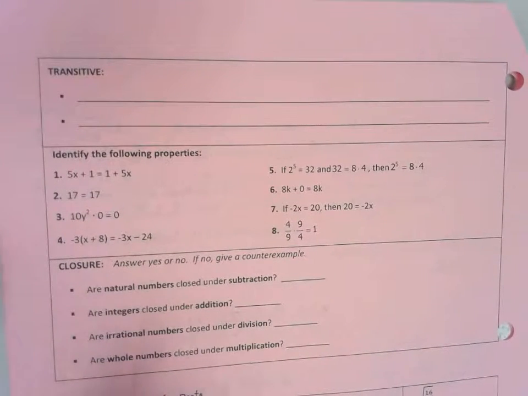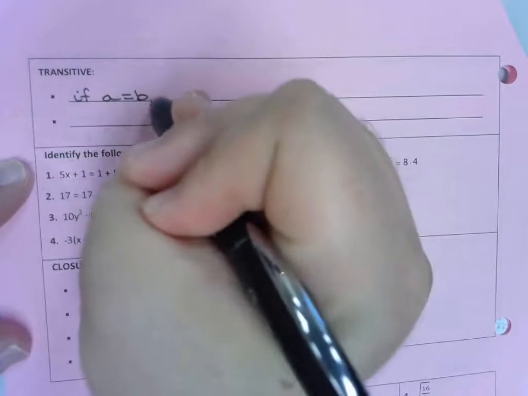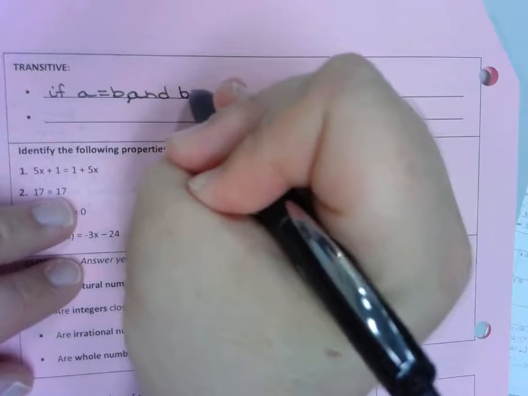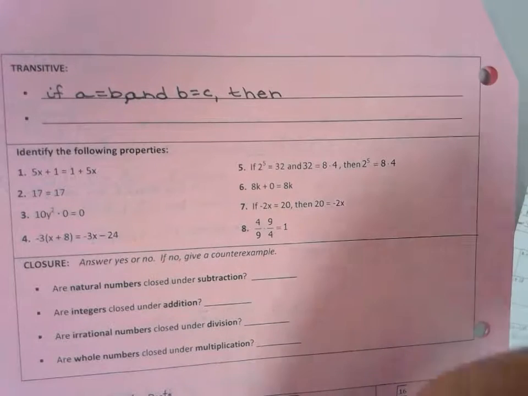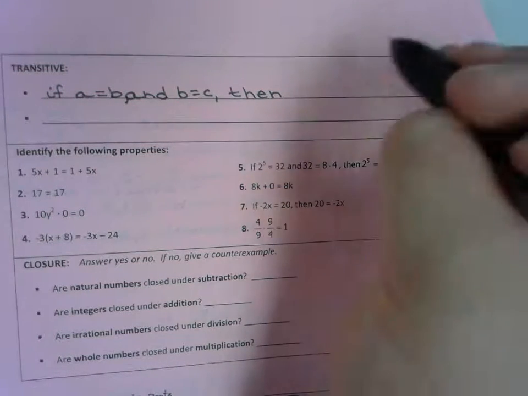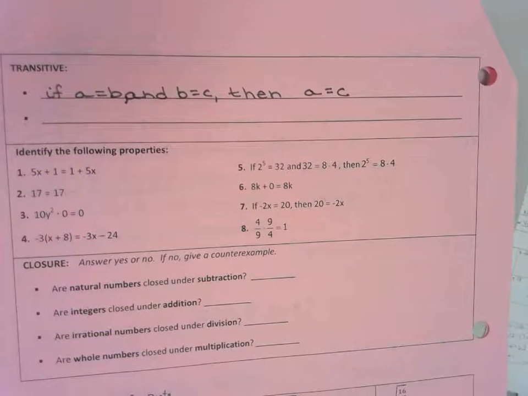Okay, transitive. If A equals B and B equals C, you might remember this one too, then A equals C. If you have two things that equal the same thing, then those two things are equal.